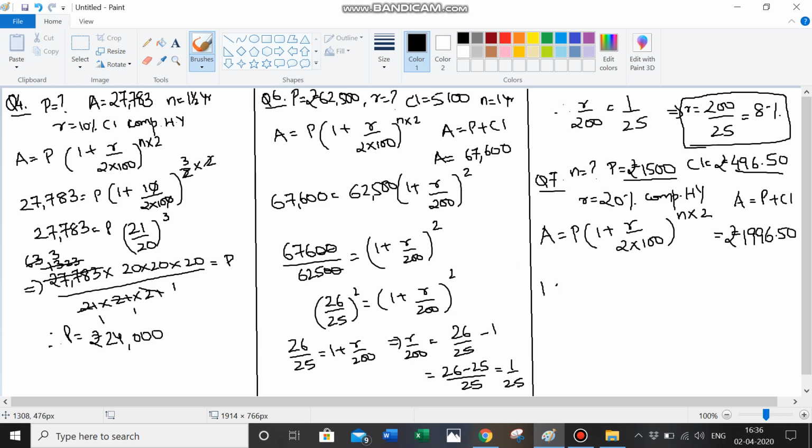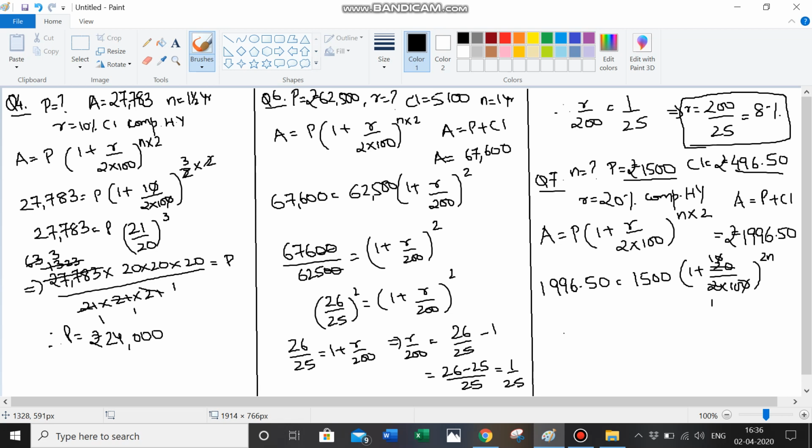Let's substitute. 1996.50 is equal to 1500 multiplied with (1 plus 20 upon 2 into 100) raised to the power n. N we don't know, so this is 2n.